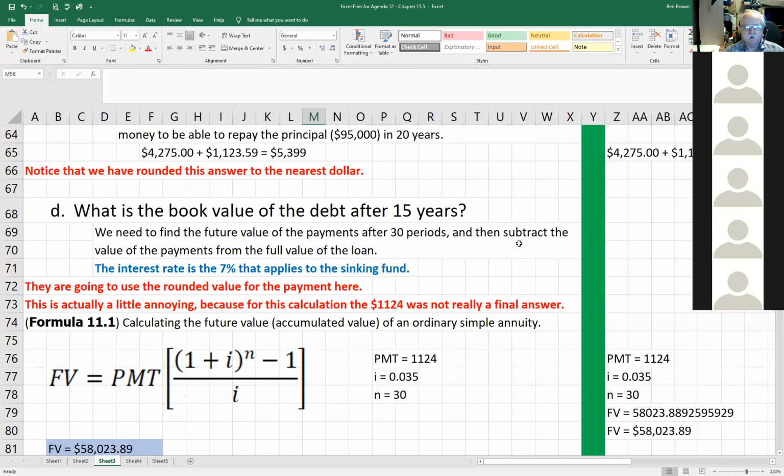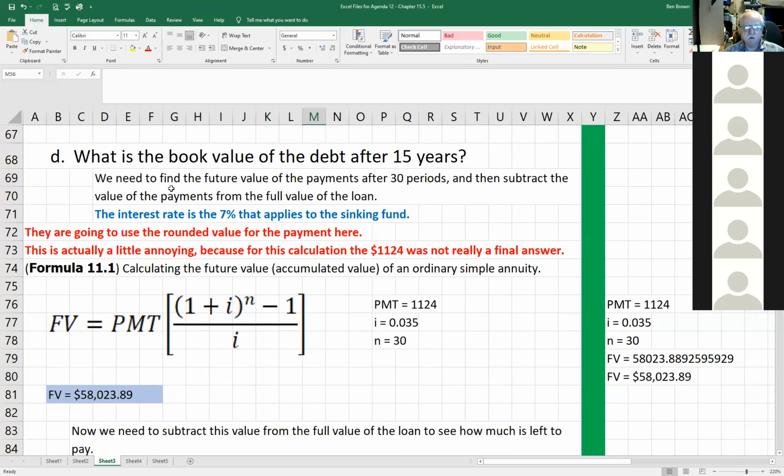And then they ask us, what is the book value of the debt after 15 years? So where are they after 15 years? So this is 30 semi-annuals. And so what we need to do is find the future value of the payments and then subtract the value of the payments from the full value of the loan. So again, we're using our payment calculation, but now we know the payment and we're trying to find the future value of the payments.